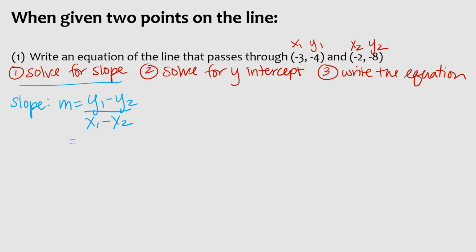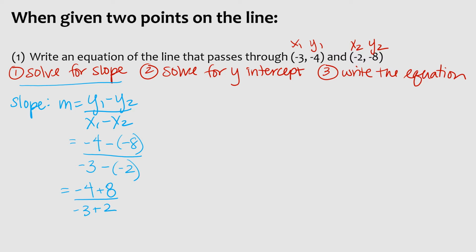All right, so here we go. I'm going to say -4 minus a -8 over -3 minus a -2. All right, so that's some fun negatives. So we know that that's -4 plus 8 over -3 plus 2.